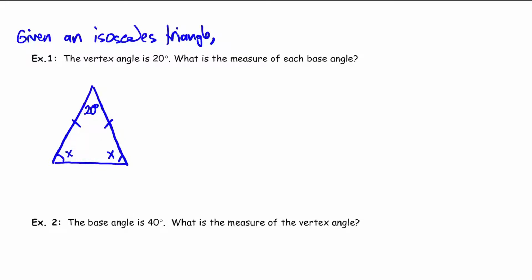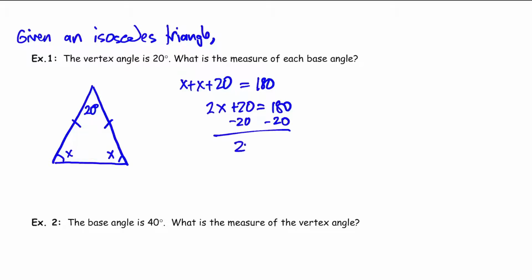So we're just going to create a simple equation by saying x plus x plus 20 equals 180. You probably combine the like terms in your head, which is fine. That gives you 2x plus 20 equals 180. Let's subtract 20 from both sides. 2x equals 160. Divide by 2. x equals 80. What is the measure of each base angle? There you go, 80 and 80, because that's what x is.